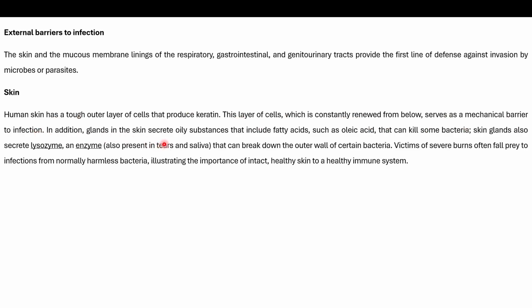In addition, there are glands in the skin which secrete oily substances, including fatty acids like oleic acid, that can kill some bacteria. There are also glands that secrete lysozyme, an enzyme also present in our saliva and tears, which can break down the outer wall of certain bacteria.